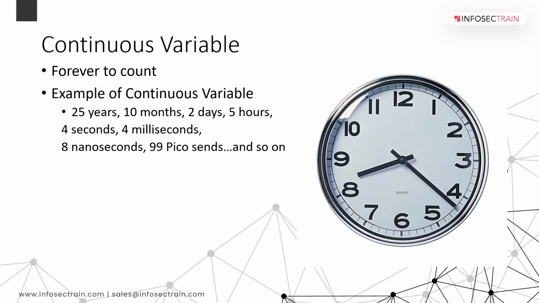But in a continuous manner, your age will be 25 years, 10 months, 2 days, 5 hours, 4 seconds, 4 milliseconds, 8 nanoseconds, 99 picoseconds, and so on. Which means we can't count a continuous random variable. Like time. Time is a continuous random variable.